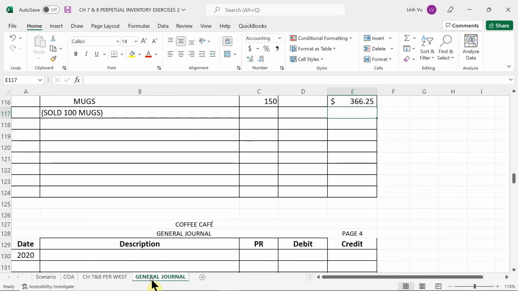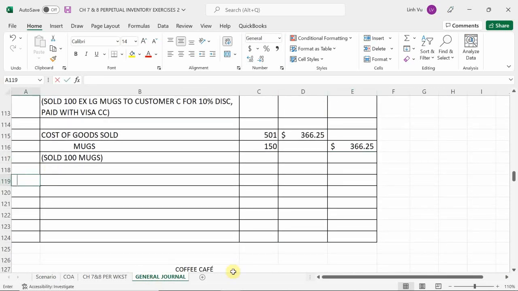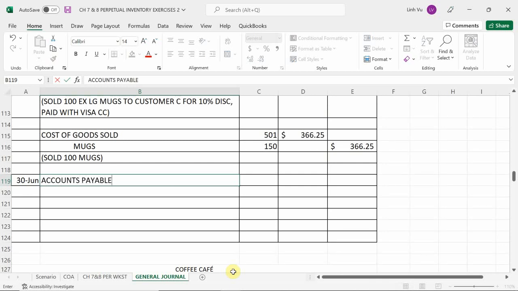So in this case, what should I be looking at for my journal here? We are, first of all, reducing our amount of accounts payable. Good. So we're going to be debiting my accounts payable. And we are also getting some discount on discount day.